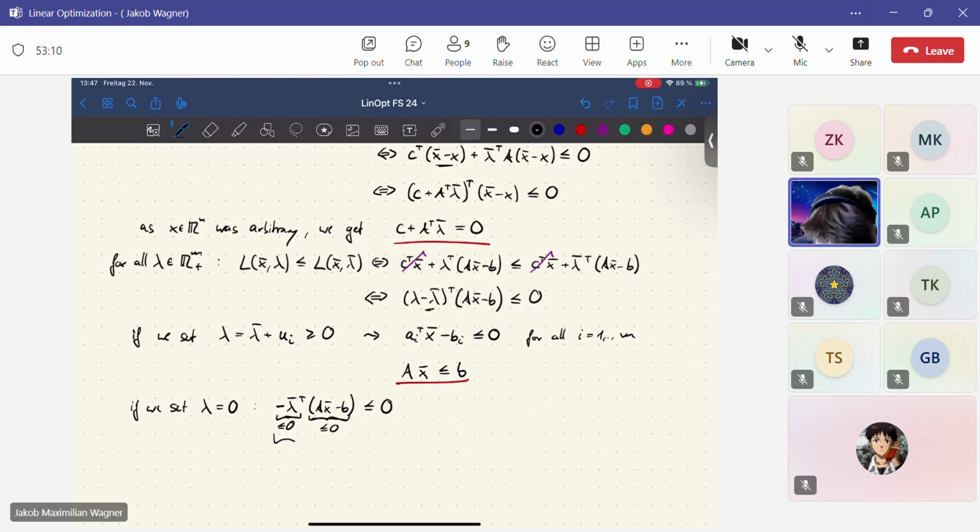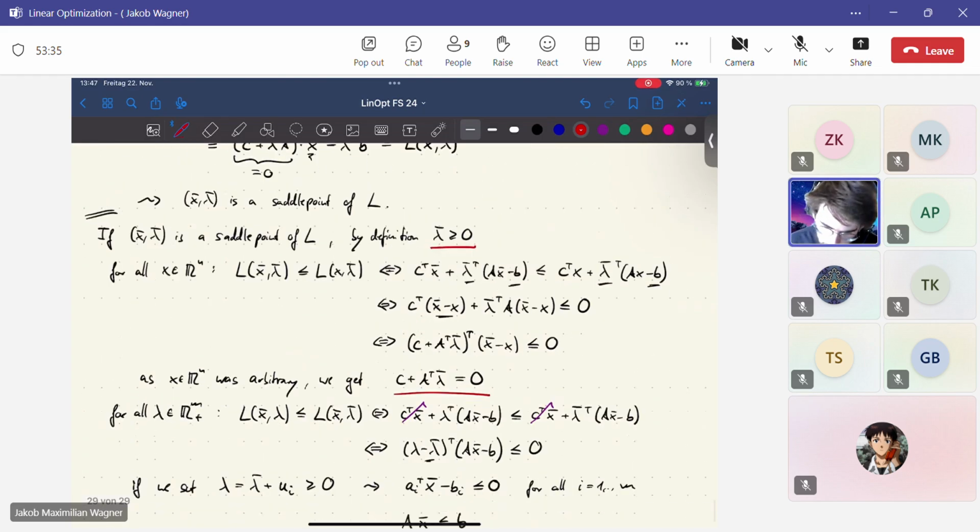Because of this product, the term on the left-hand side is at the same time larger or equal than 0, and because of the condition, it's less or equal than 0. And immediately we get out that lambda bar transpose (A x bar minus b) is actually equal to 0. And so we have the last KKT condition.